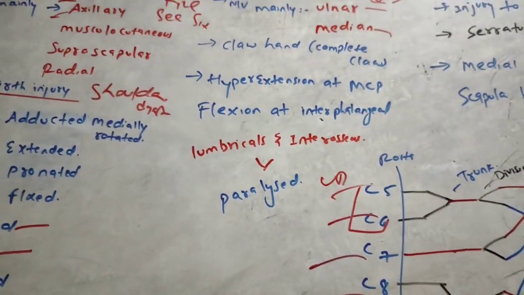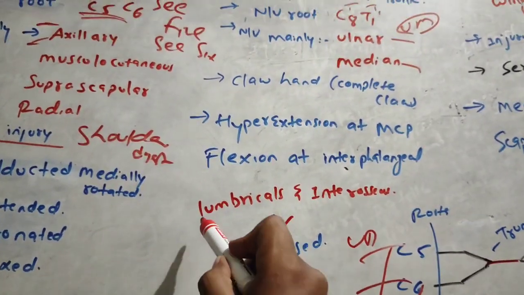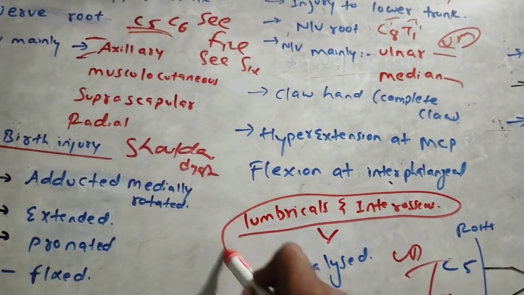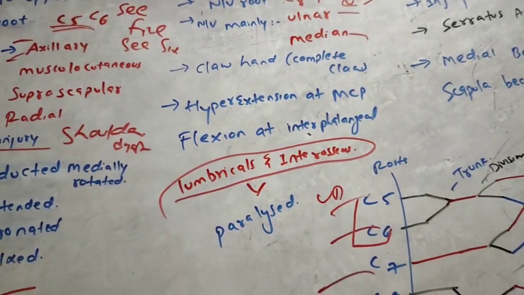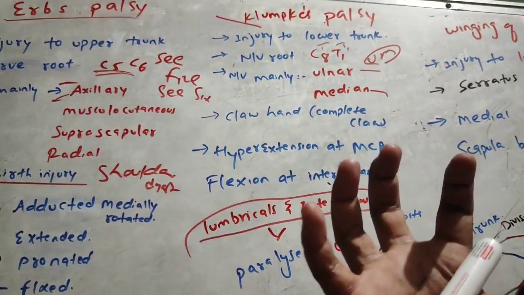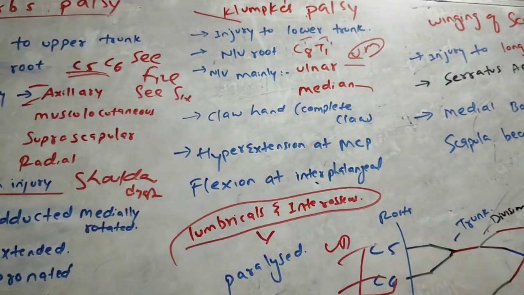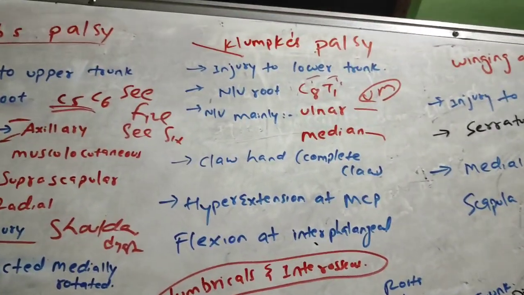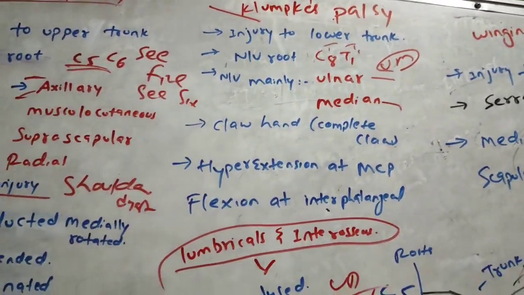What happened here? There is paralysis of the lumbricals and the interossei muscles. Due to this we get Klumpke's palsy. So this is what you have to remember in Klumpke's palsy.